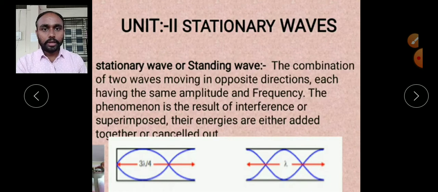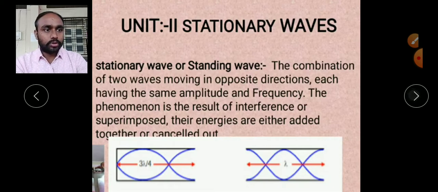For now, just take from this slide the definition of stationary wave, and yes, this is what we can consider the pipe open at both ends. This is a black colour cylindrical pipe which is open at both ends. So this is a pipe open at both ends, and this is a pipe open at one end. These two different cases we have to study in this analytical treatment.